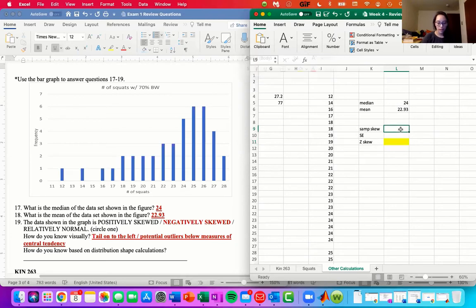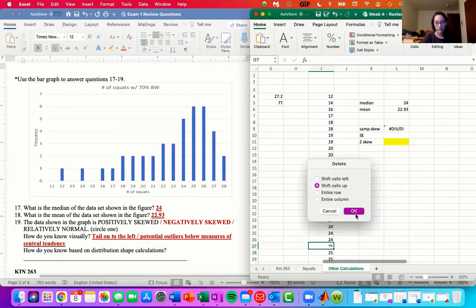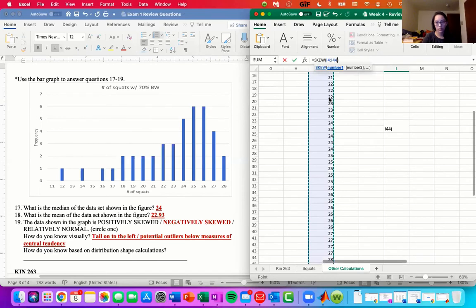To find the sample skewness, it's equals skew, and then we insert our data range. Oh, and that's not going to like me now. Hold on a second. We try again.